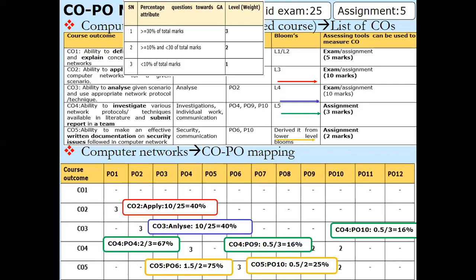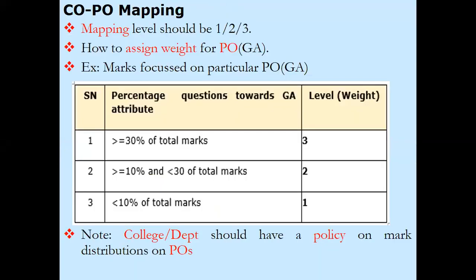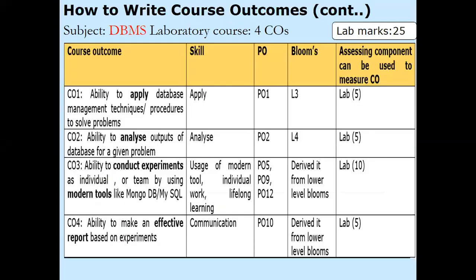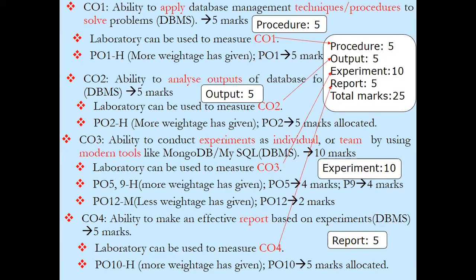Sir, how to write COs and assessment for project work? Okay. Now, sir, you do reverse engineering. That's what I want to say. For example, from the lab point of view, you do reverse engineering. The procedure, you will give marks, as I told you.